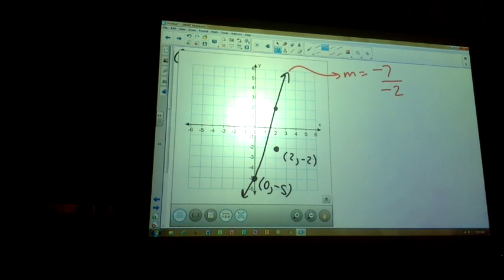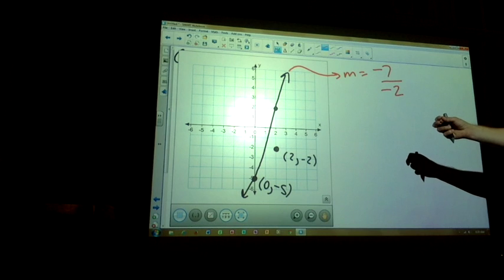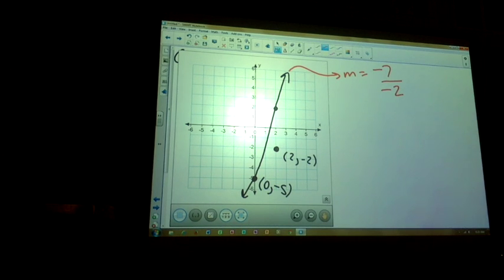It doesn't matter. Any 2 points, it doesn't matter how far apart they are. If we choose too far, we can reduce, right? So if you had this line like this, and you knew this point and this point, but the person next to you chose this point and this point, it's going to be the exact same slope. It's just that if you chose the ones too far away, you would have to reduce it, and it still comes out the same. Does that make sense? But it's a great point.